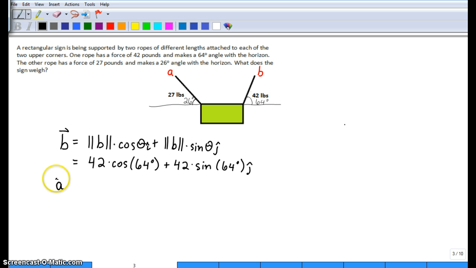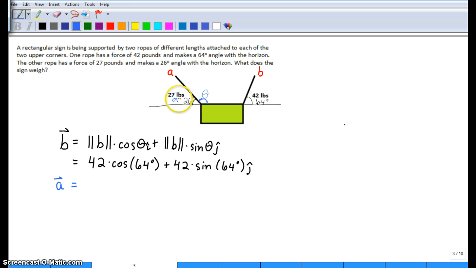So let's go to vector A and break it up. Let's do all of A in blue. Remember, our vector direction angle has to go from the positive x-axis around to our terminal side, our vector. So how do we find theta?